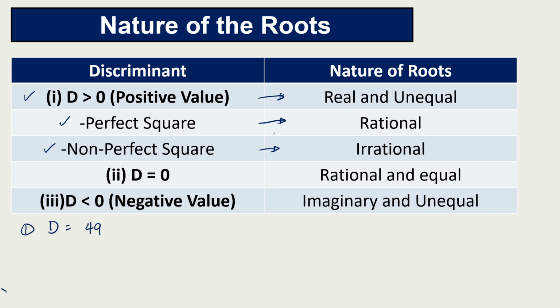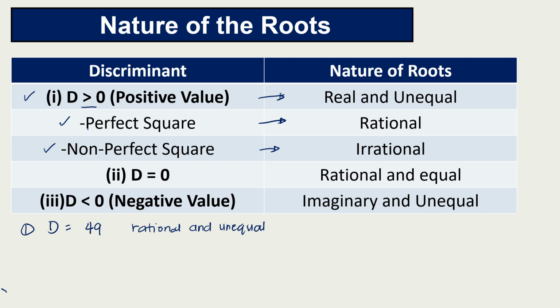Since 49 is a perfect square number, then the nature of the roots are real, rational, and unequal. Rational because it is perfect square, and unequal because 49 is greater than 0.